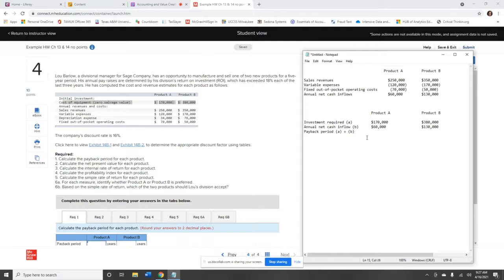So let's see what that makes for our payback period. So this is 60,000 per year, and that's 130,000 per year. So if you take 170, divide it by 60,000 per year, 170 divided by 60,000 per year gives you 2.83 years, and $380,000 divided by $130,000 per year gives you 2.92 years.